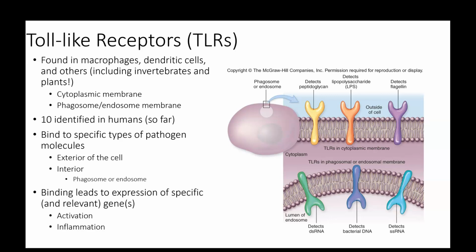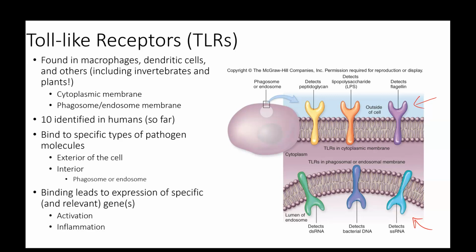So where are these toll-like receptors located? Remember, in a phagocytic cell, they're going to either be directed to the outside of the cell, or they're going to be in a phagosome or an endosome when they engulf that foreign pathogen so that they can recognize them.